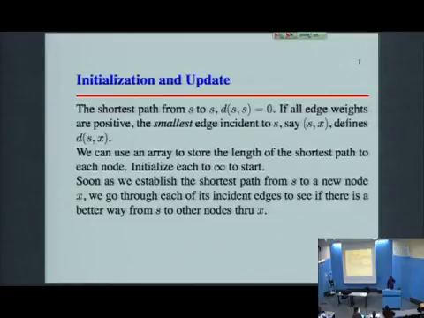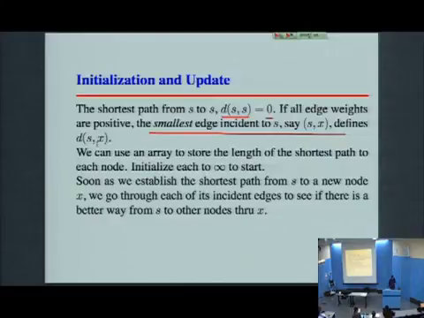Okay? So what are the basic data structures here? Let's just make sure of it. Again, we're going to keep track of the distance to each vertex. Originally the distance from our start vertex to itself is 0. If all edge weights are positive, the smallest edge incident to a vertex is the shortest distance from S to that vertex.